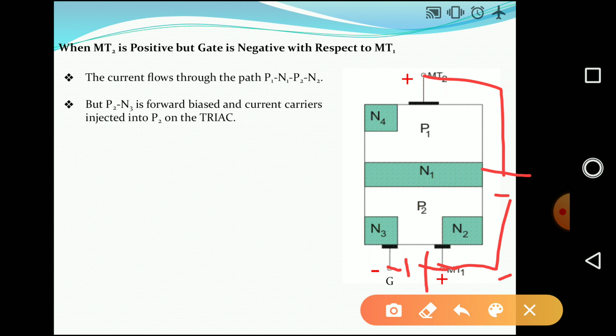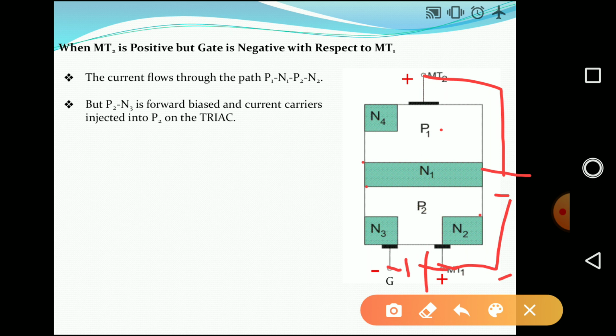So during this condition, MT2 is positive, so P1 is forward biased. It means this junction is forward biased. Next, MT1 is negative, so this junction is forward biased. But this makes the P2N1 junction, this junction, reverse biased here.